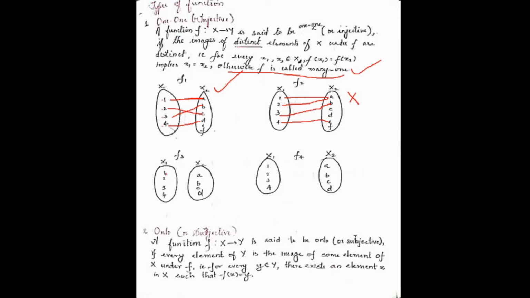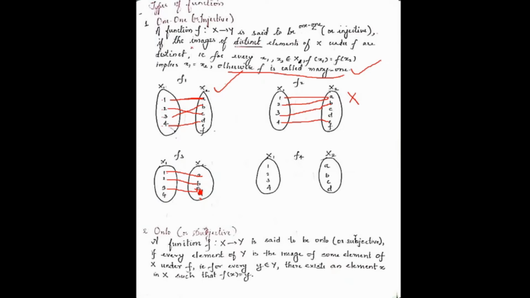Okay, we'll take one more example. 1 to A, 2 to B, 3 to C. See, here we have 1 to A, 2 to B, 3 to C, but 4 is not having an image.